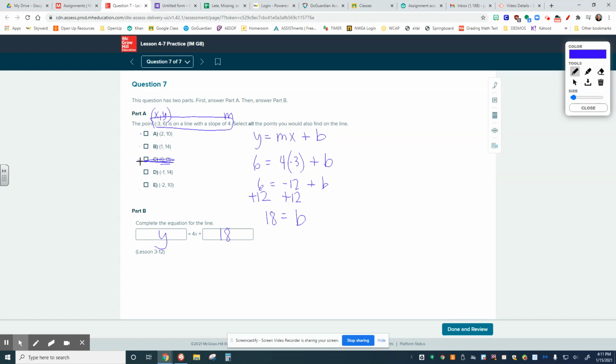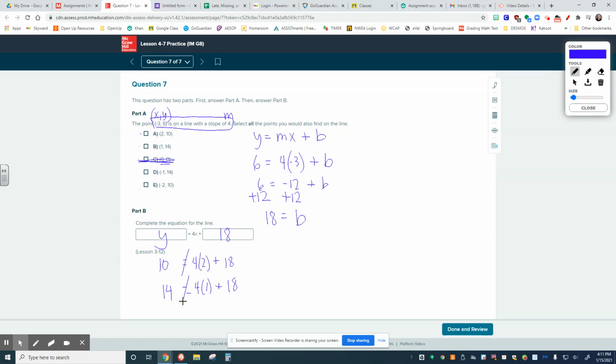For the rest of them, for the top one, 10 is equal to 4 times 2 plus 18, which we know is going to be false because that's a positive 8 plus 18 is 26, not going to be true. 14 is equal to 4 times 1 plus 18. That one's also going to be false because that one's 22.